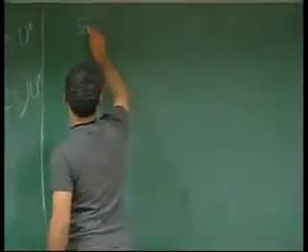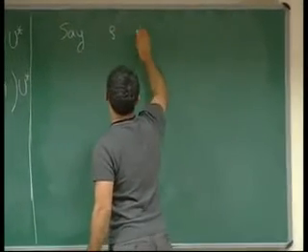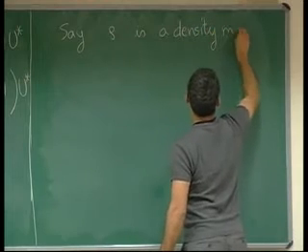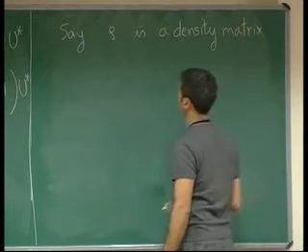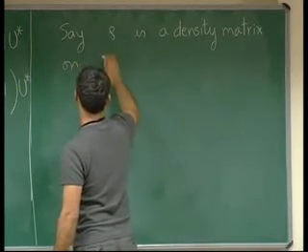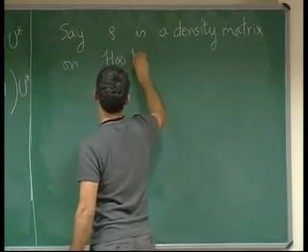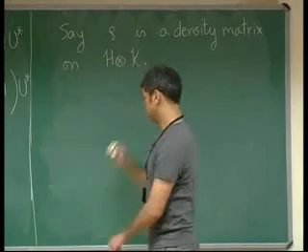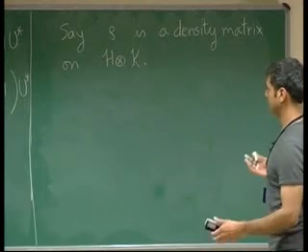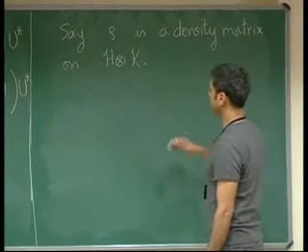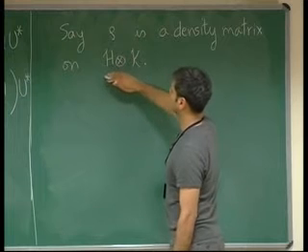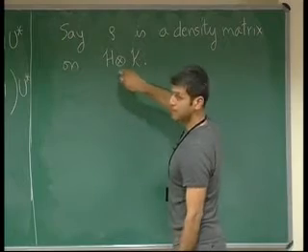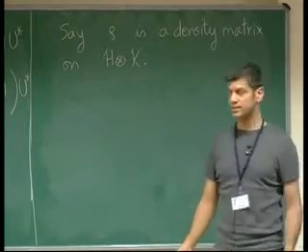So let's say rho is a density matrix on the space H tensor K. So mathematically what happens is, we can derive the reduced density matrix of rho onto any one of the two spaces by taking what is called the partial trace.